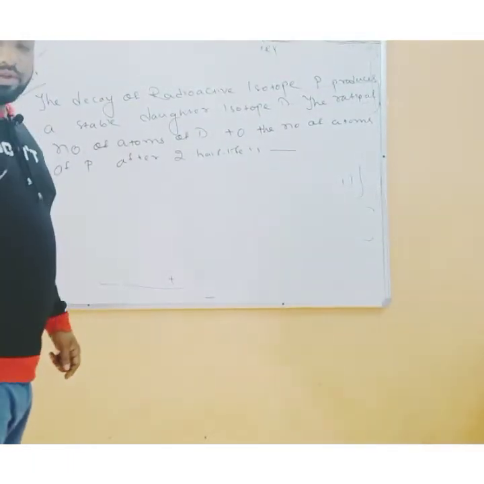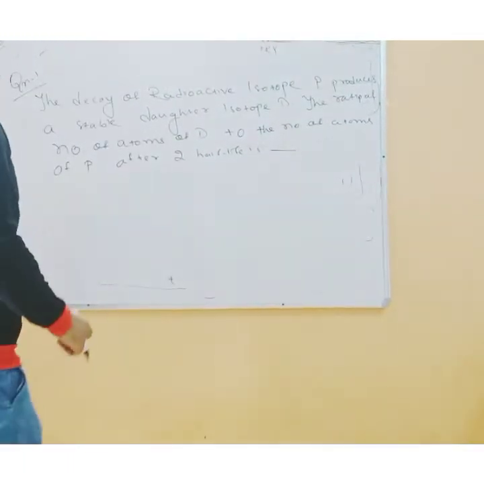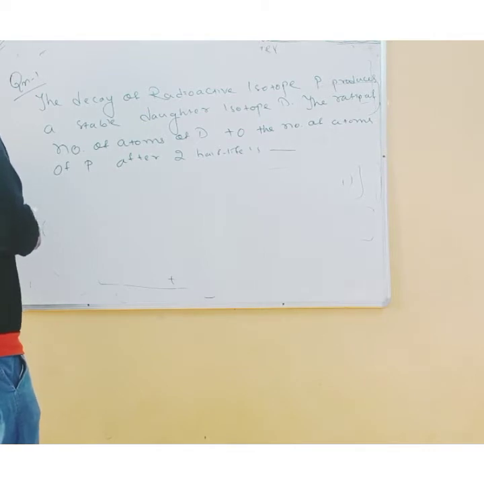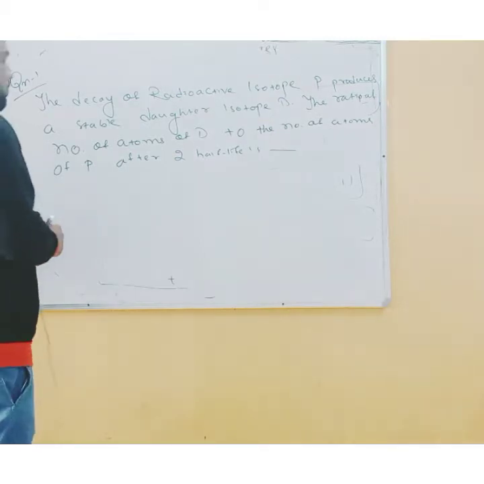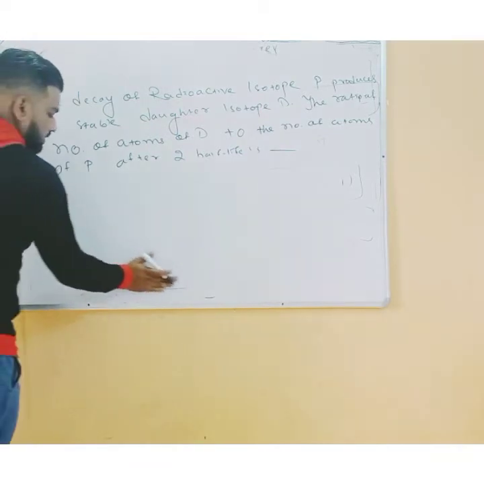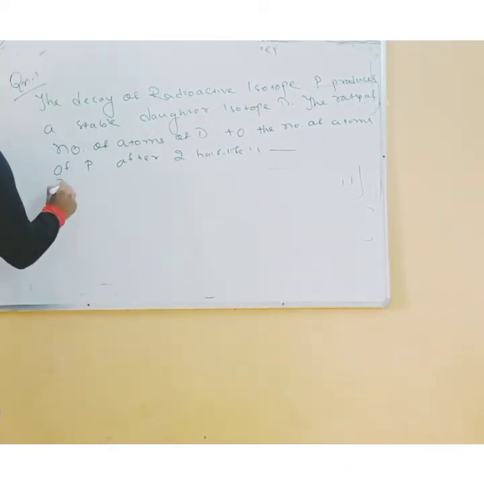This is question number 1. The decay of radioactive isotope P produces a stable daughter isotope D, and we have to calculate the ratio of the number of atoms of D to the number of atoms of P after 2 half-lives. Let the initial concentration of parent nuclei be P naught.